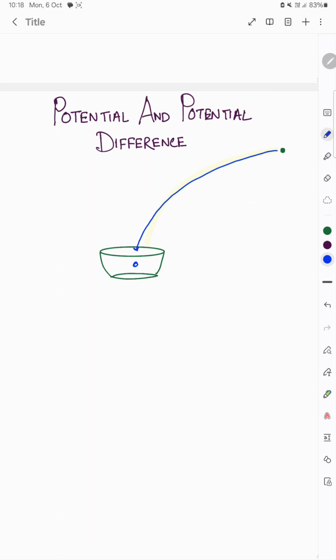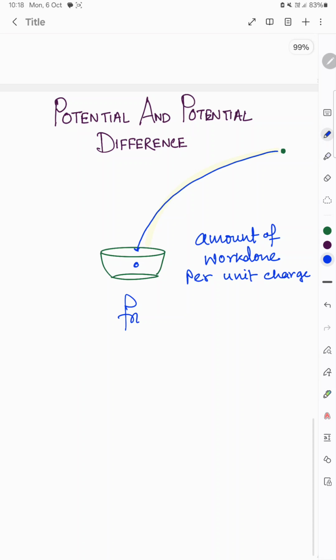So write it down in your copy that potential at a point is defined as the amount of work done per unit charge in bringing a positive test charge from infinity to a particular point.